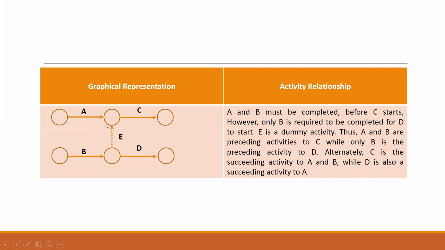But the activity D does not depend on A. And that's the reason I cannot start the new activity from here and label it as D. Because C depends on A and B, whereas D depends only on B. We need this dummy activity here in between so that we can have a proper diagram.